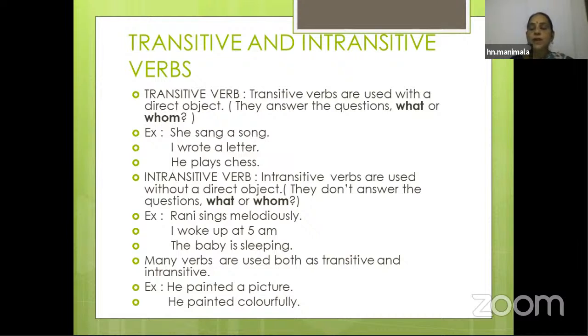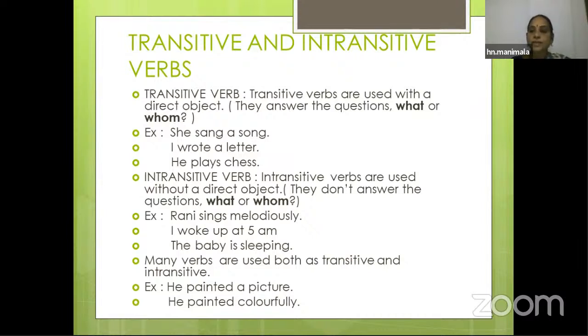Subject means who does the action, the agent of that action, and verb means the action, and object is someone or something on which the action is reflected. That is the object.